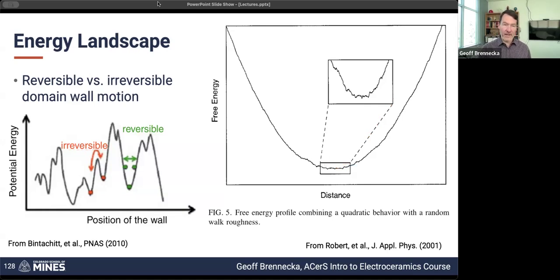And one way to think about that is to, again, zoom in at one individual atom or one individual domain wall, or you can do this at whichever scale you want. But the argument is the same: if you're sitting in this well and you're applying electric fields and getting the domain wall or the individual atom to wiggle back and forth, if it always wants to go right back to the same energy well, you apply a field and let go, and you apply a field and let go, that's reversible.